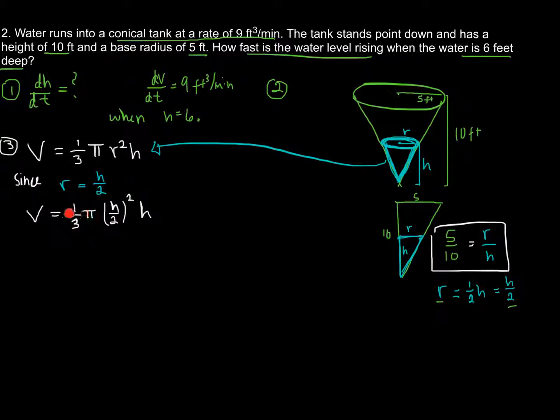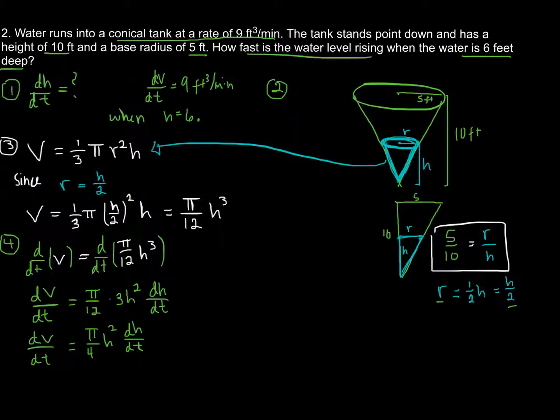I'm going to have pi times 1/12, so my constant term is going to be pi/12, and then I'm going to have h² times h, which is h³, so I can rewrite my volume equation very simply as V = pi/12 times h³. And this is incredibly helpful because now when I differentiate both sides implicitly with respect to t, I'll have a relationship between dV/dt and dh/dt, and I won't have any other variables to deal with.